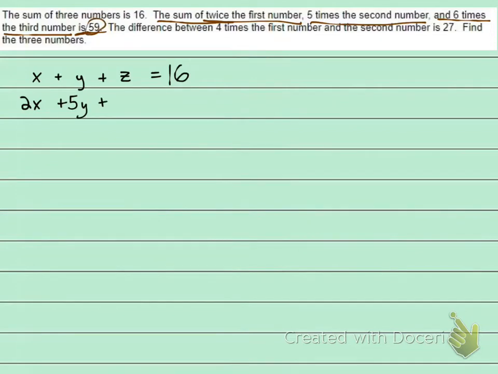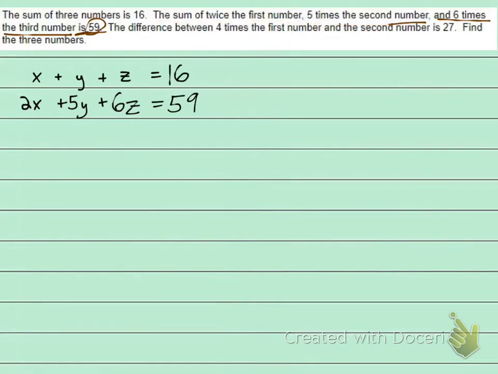So plus 6z equals 59. Okay, this is the sum of twice the first number, 5 times the second, and 6 times the third is 59. All right, that's my second equation. Let's get to the last equation.